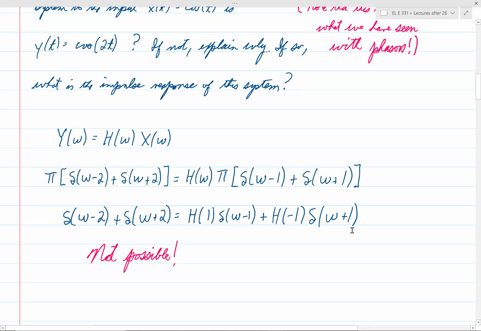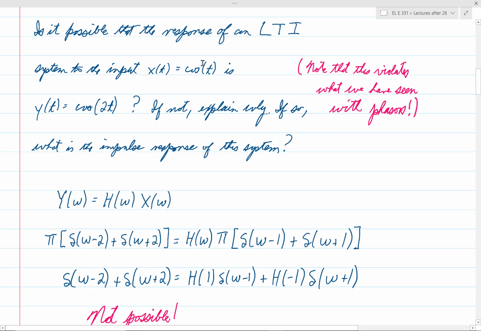So there's no way that this equation can be true, and therefore this is not possible. This cosine of t as an input and cosine of 2t as an output is not a possible input-output pair for an LTI system.